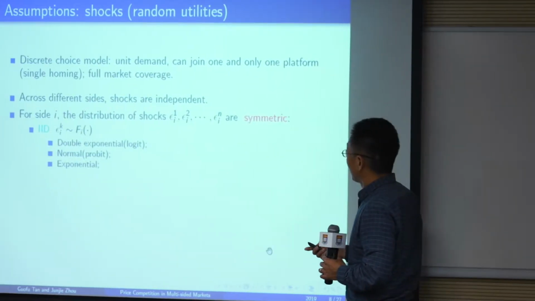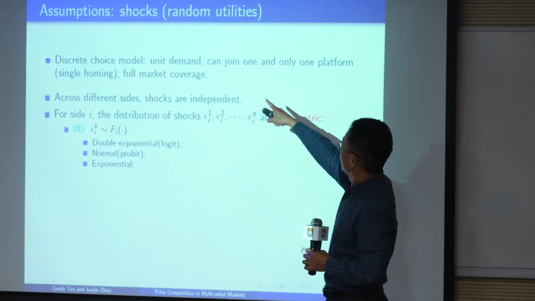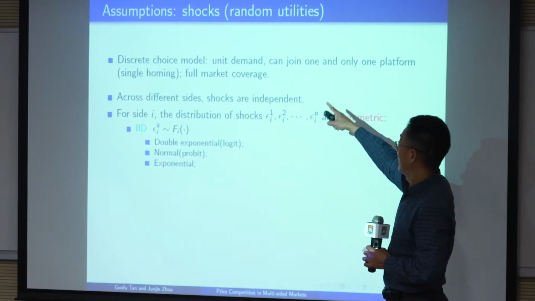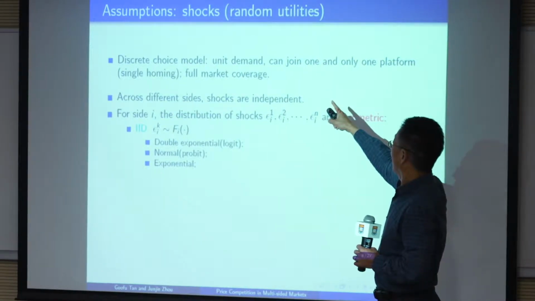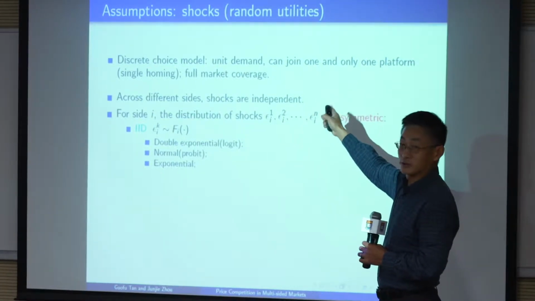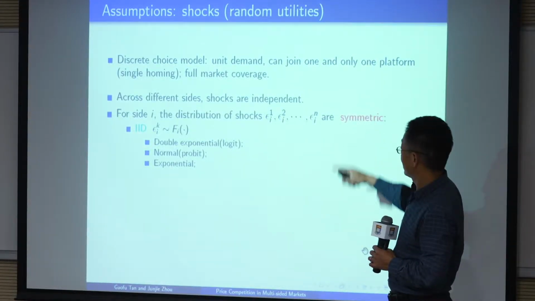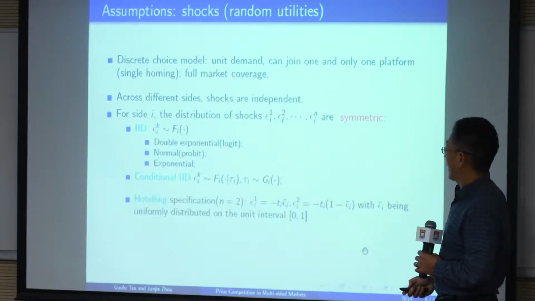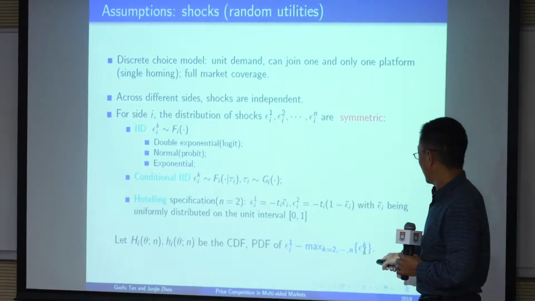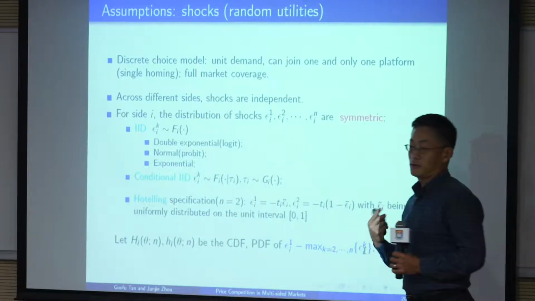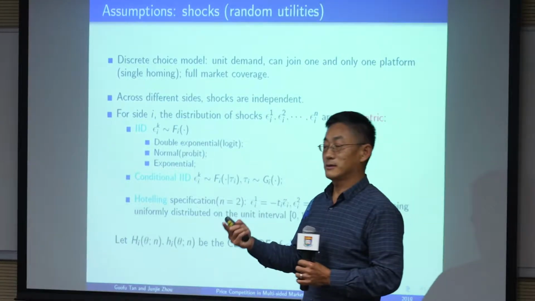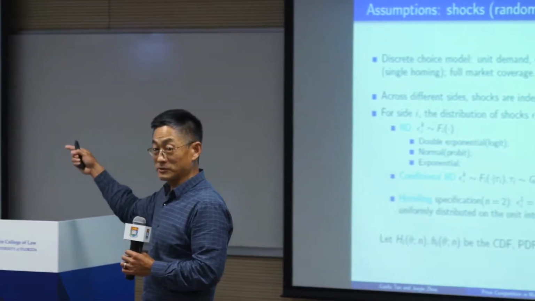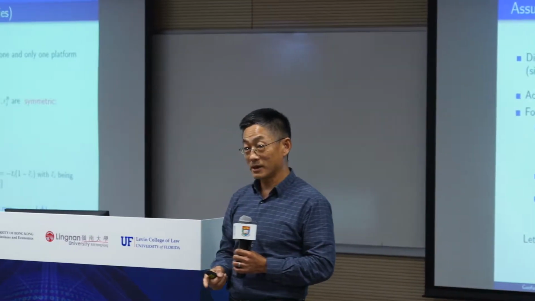As I mentioned earlier, we focus on unit demand, single homing and full market coverage for the moment. Some of that, except single homing, could be extended, and multi-homing is a little more involved. Again, the distribution can be very general. What matters is the difference between your random utility and the maximum of other options over a particular platform K.